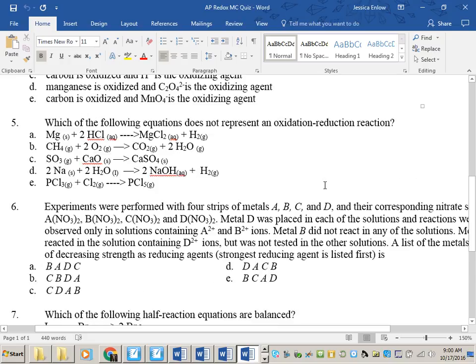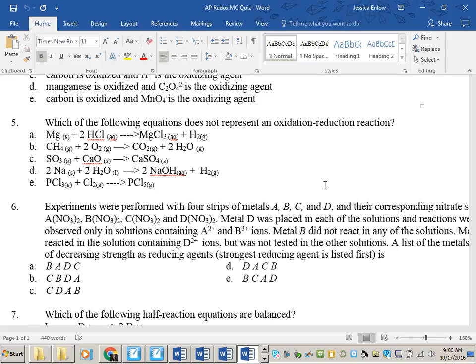5 is which one? C, how did you know that? The sulfurs, thank you. Sulfur goes from a plus, what on the reactants? Sulfur goes 6 plus to a, sorry, oh yeah, because that's the one that does not represent oxidation reduction, so it doesn't change oxidation state.